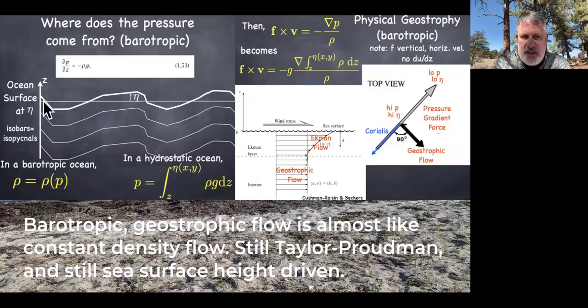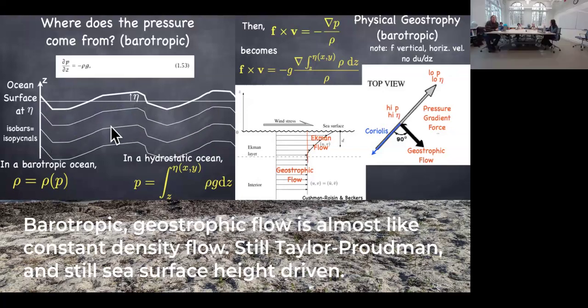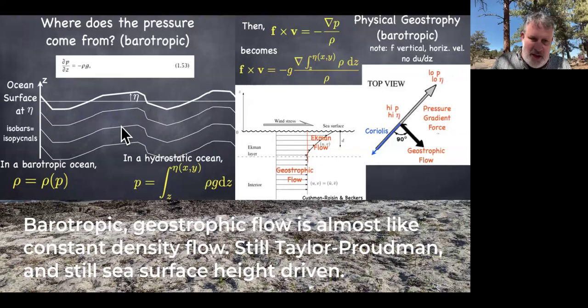I said that these are isobars, but also isopycnals. So the densities are aligned with the pressures, right? Wherever you have a high pressure, you also have a high density. Wherever you have a low pressure, you also have a low density. A surface-like density is a low density. A bottom-like density is a high density.